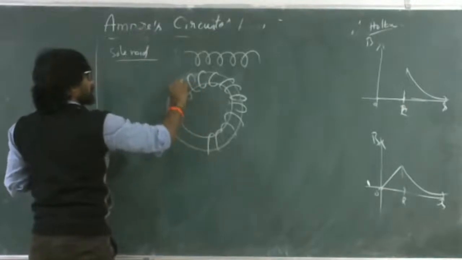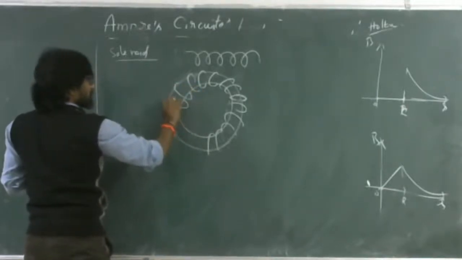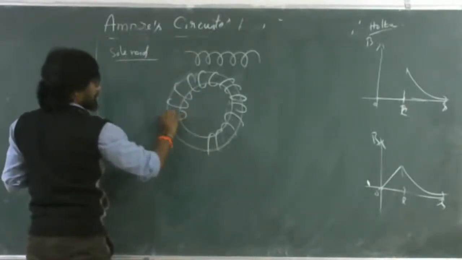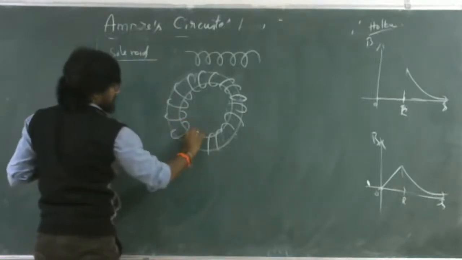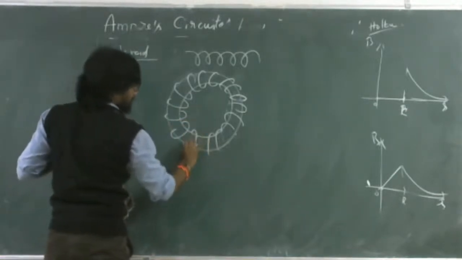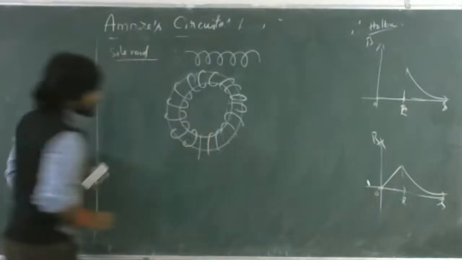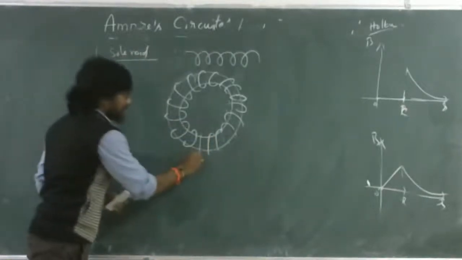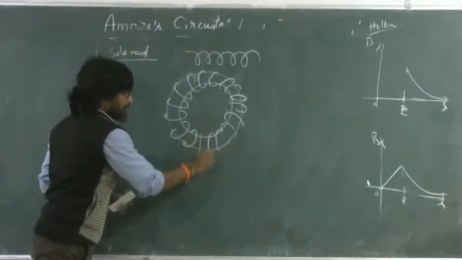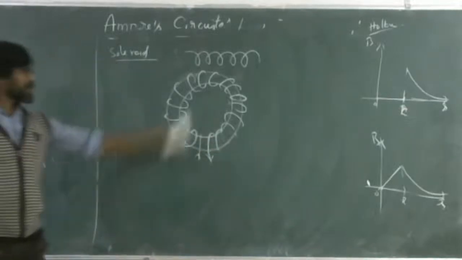You have to imagine that the inside part will go like this. You can consider this either way. You can consider the current entering here and leaving here, or entering here and leaving here, either way.